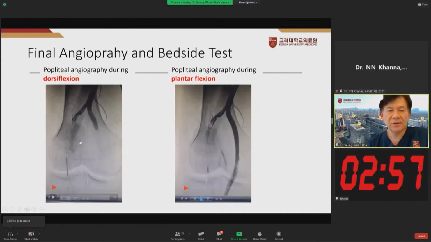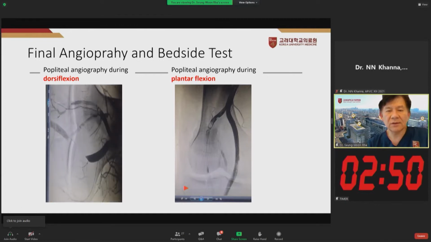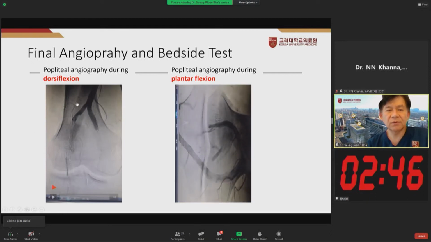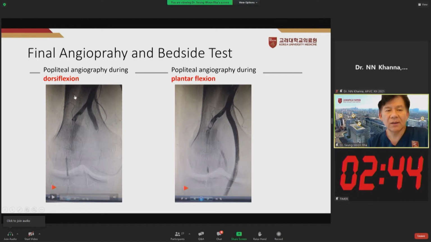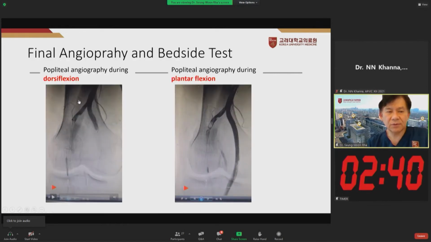For this younger patient, I usually do this kind of test during angiography, after dorsiflexion and after plantar flexion. With plantar flexion it was okay, but with dorsiflexion it was occluded.